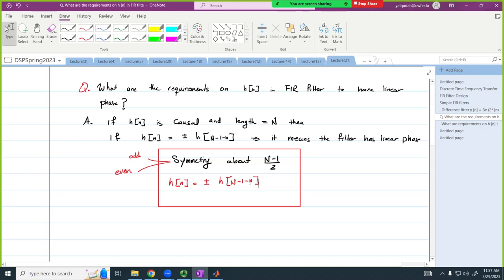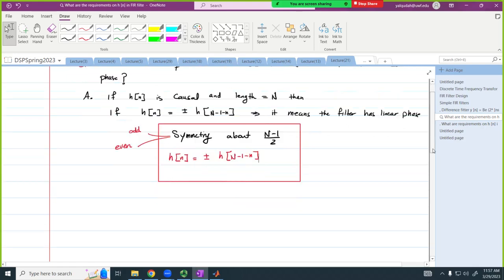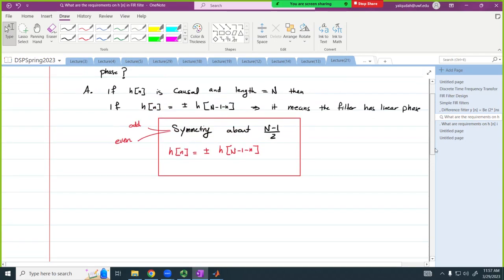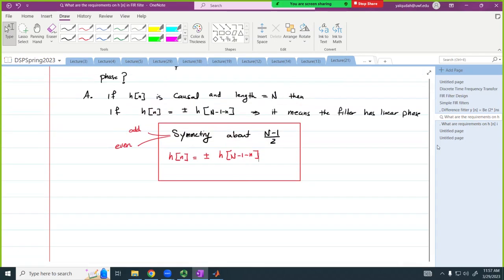Okay, so let's look at the first case. We're going to have 4 cases. Where are the 4 cases going to come from? N can be even or odd, and we could have odd or even symmetry.